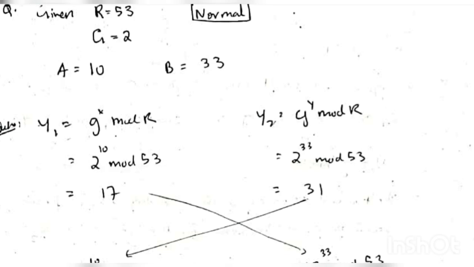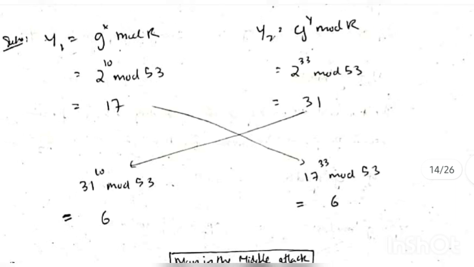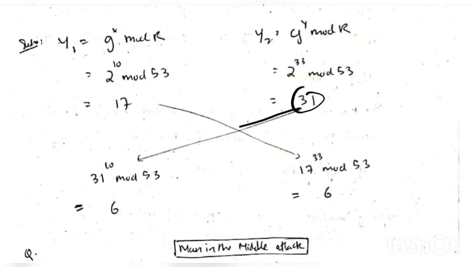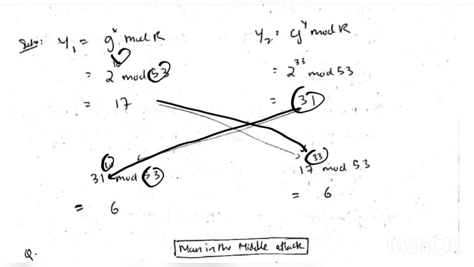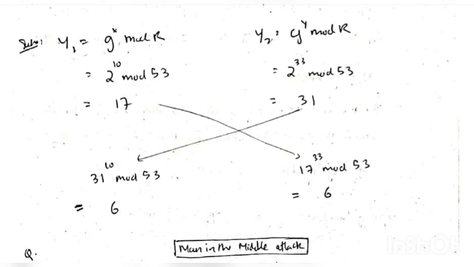You just substitute the values and find the mod value. Do the same here also, and after you get these two values, exchange them. So 31 will be taken here and raised to 10 mod 53, the same as the previous one. 17 will be taken here and raised to 33 mod 53. Find the answers; if you get the same answer, it is correct.